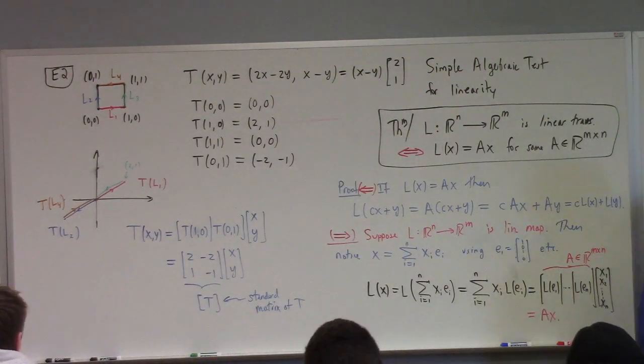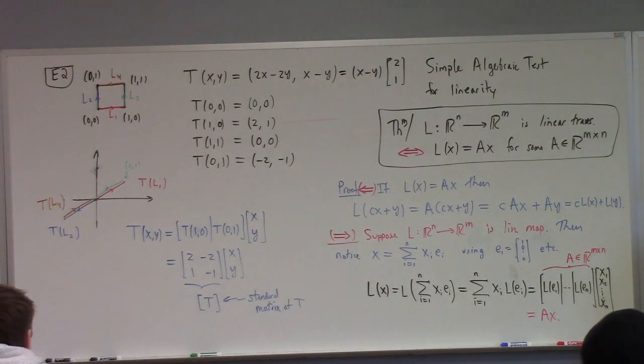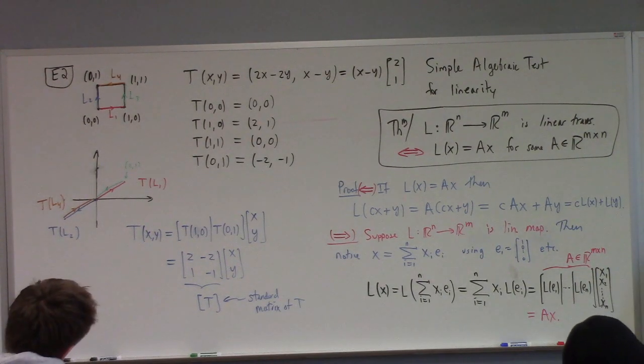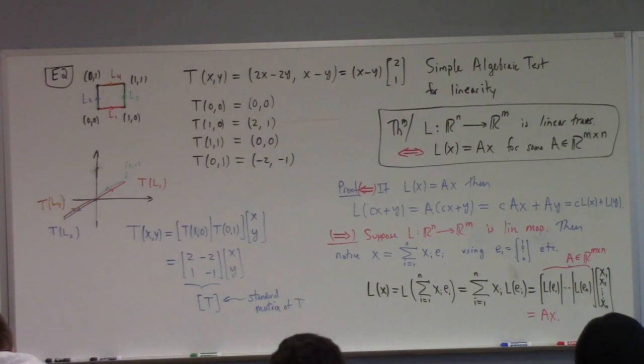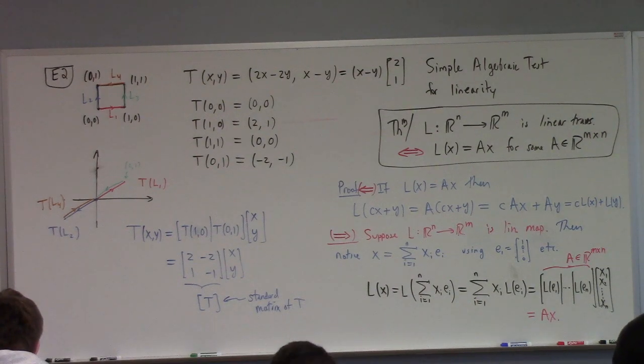So here's a definition for us, guys. Definition: given a linear map T from R^n to R^m, the standard matrix of T is, by definition, brackets T, which is [T(e1) T(e2) ... T(en)].